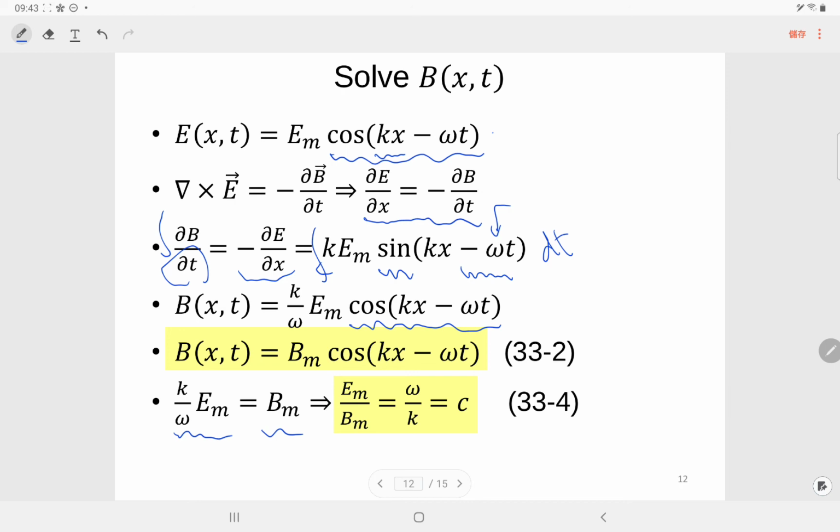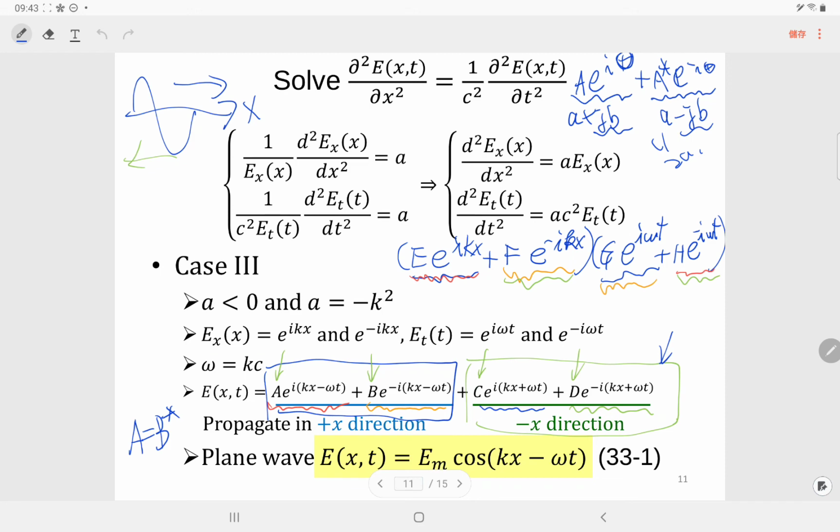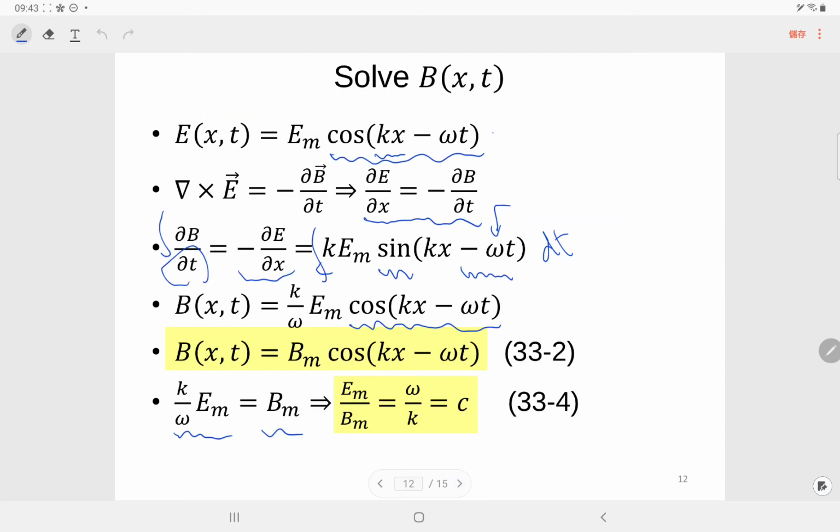And just now we already showed that omega is kc. So omega over k, omega is kc, so k and k cancel. So it equals kc over k, so it's nothing but c. So the amplitude ratio of the E field and B field should be the speed of light.